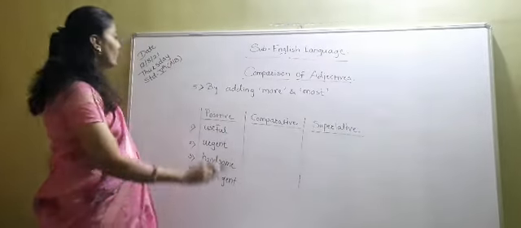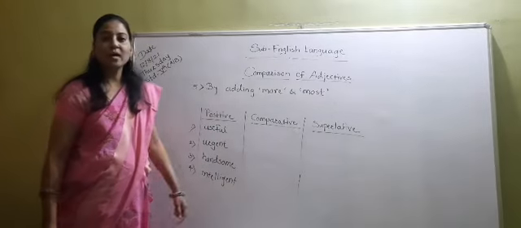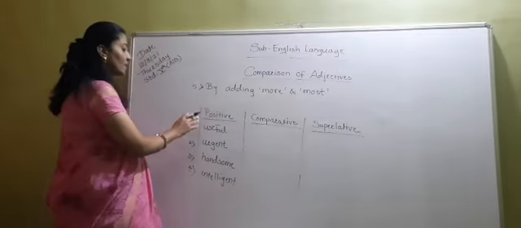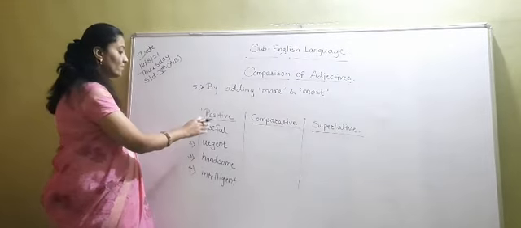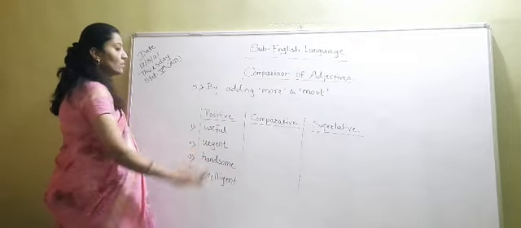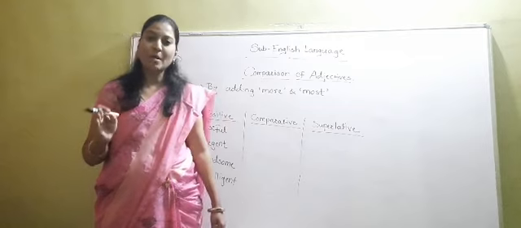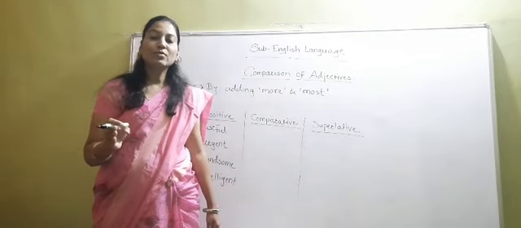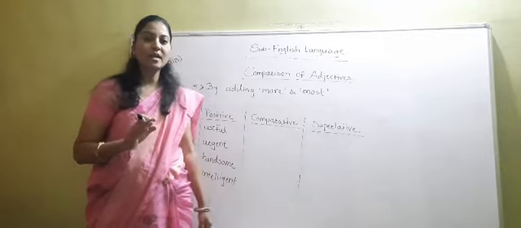Now students, see the fifth rule by adding more and most to the adjective. Okay, now see, in this positive degree we have all adjectives. We have all words that are the adjectives. First is useful. Now what we have to do, when we want to form comparative degree, we have to add more before the adjective. Okay.